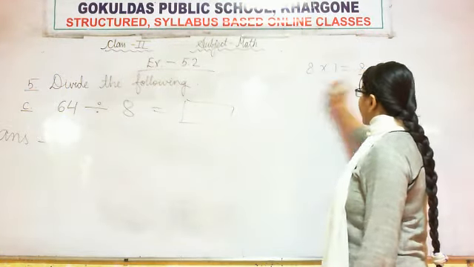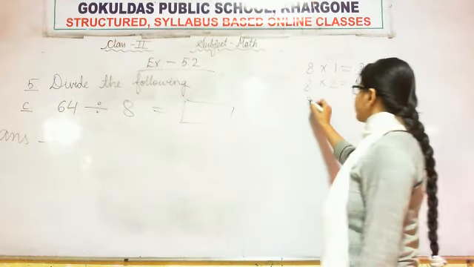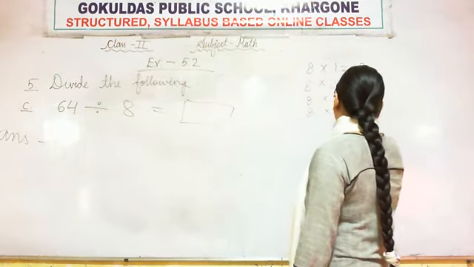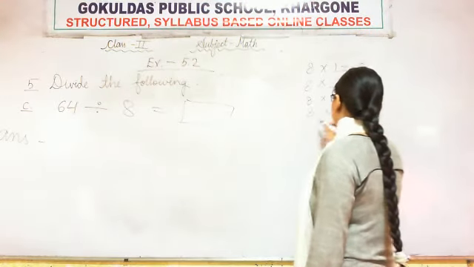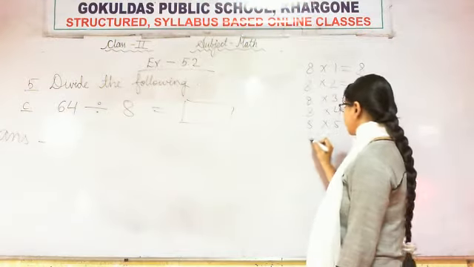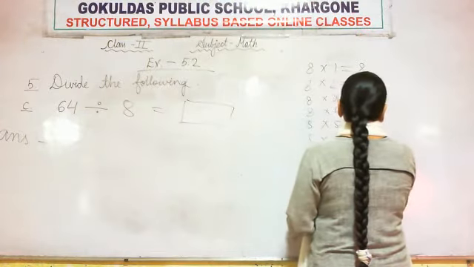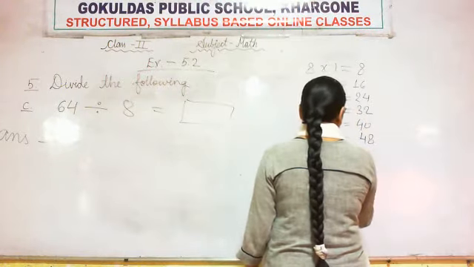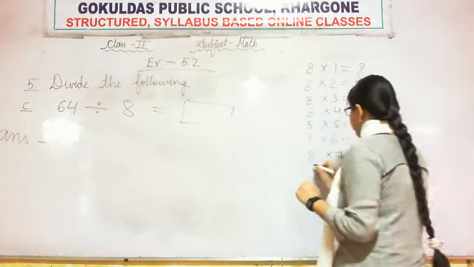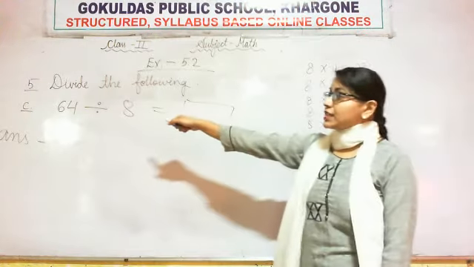8 ones are 8, 8 twos are 16, 8 threes are 24, 8 fours are 32, 8 fives are 40, 8 sixes are 48, 8 sevens are 56, 8 eights are 64, and we need number 64.